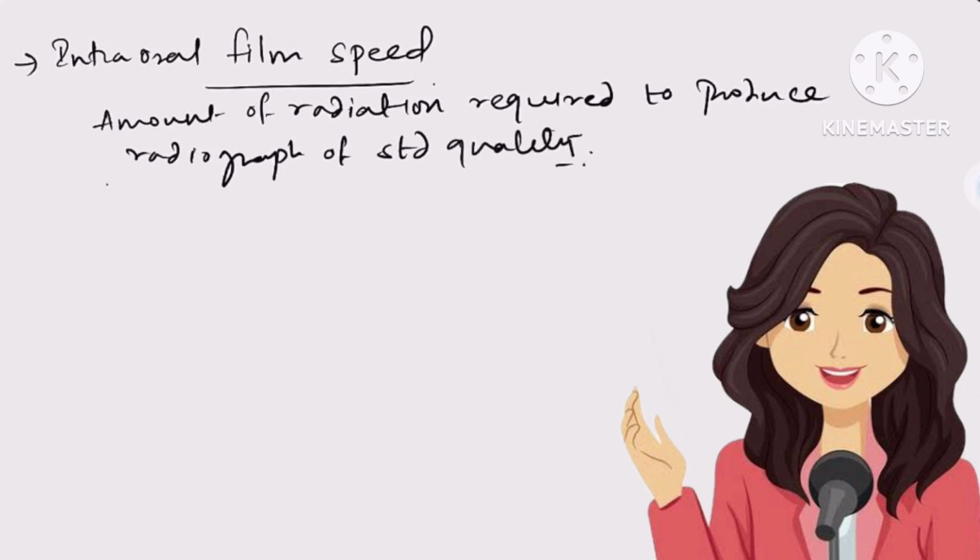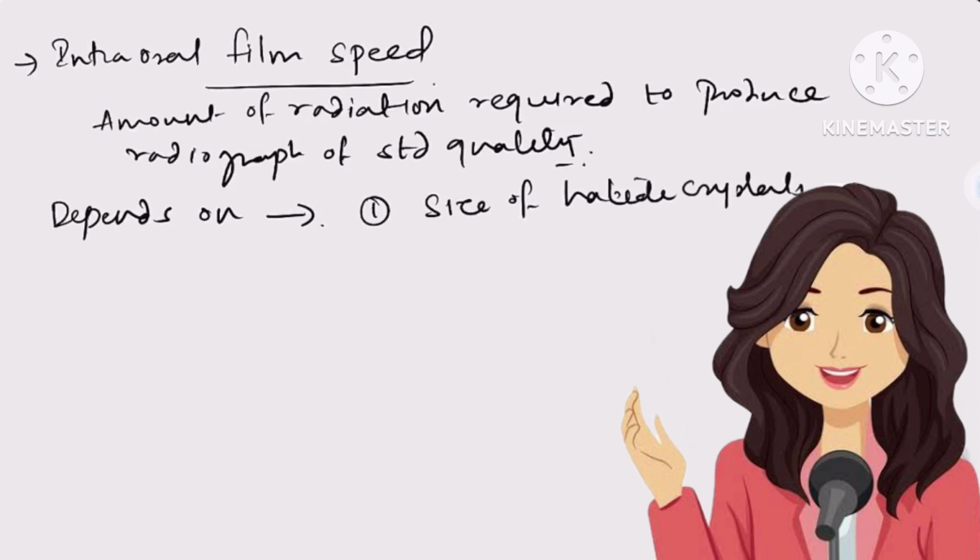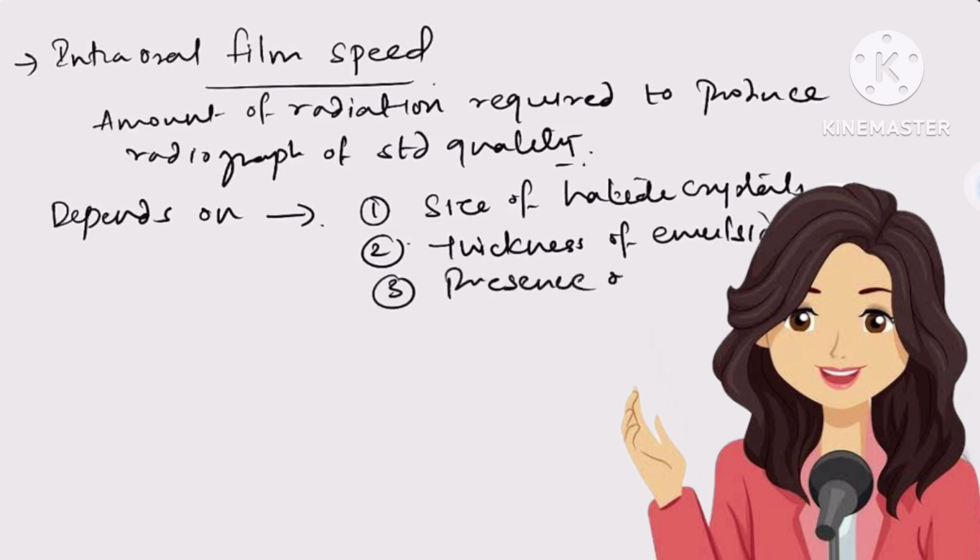Now, what factors does speed depend on? First, the size of halide crystals. Second, the thickness of emulsion. Third, the presence of radiosensitive dyes.